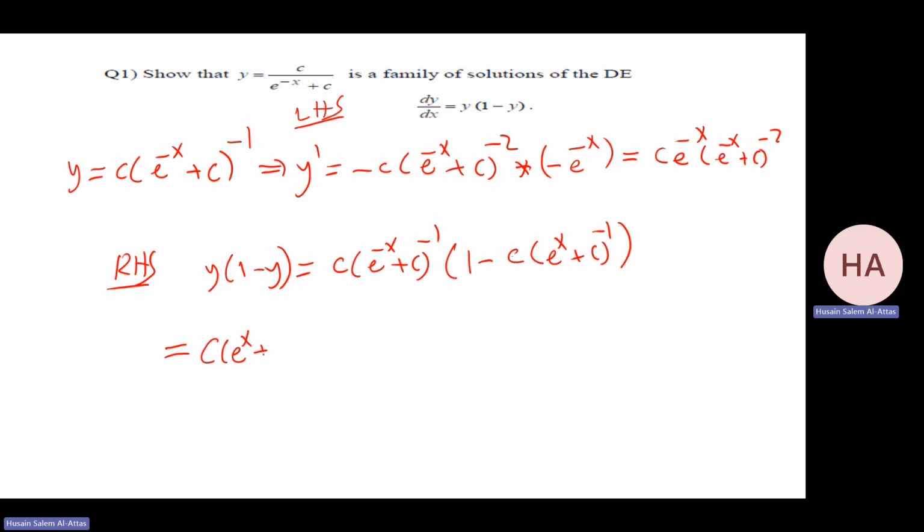C e to the power minus x plus c to the power minus 1 minus c squared e to the power minus x plus c to the power minus 2. Okay, now I can take c e to the power minus x plus c to the power minus 2 as a common factor. What is the remaining? Remaining is minus x plus c.